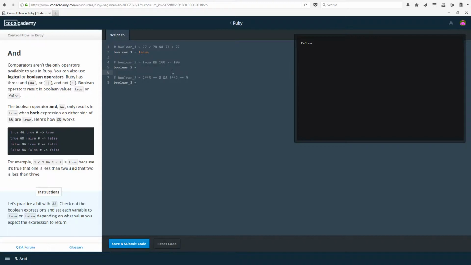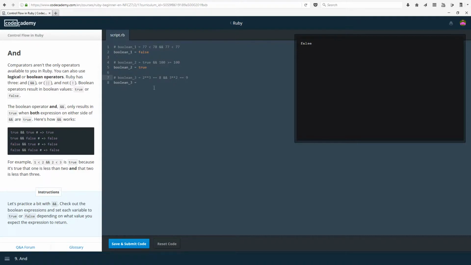Let's look at Boolean 2. We have true, okay, we are comparing true to 100 greater than or equal to 100. Well, this statement is true, this statement is true, therefore this boolean is going to equal true. Boolean 3. 2 to the power of 3, so this isn't 2 multiplied by 3, it's to the power of 3.